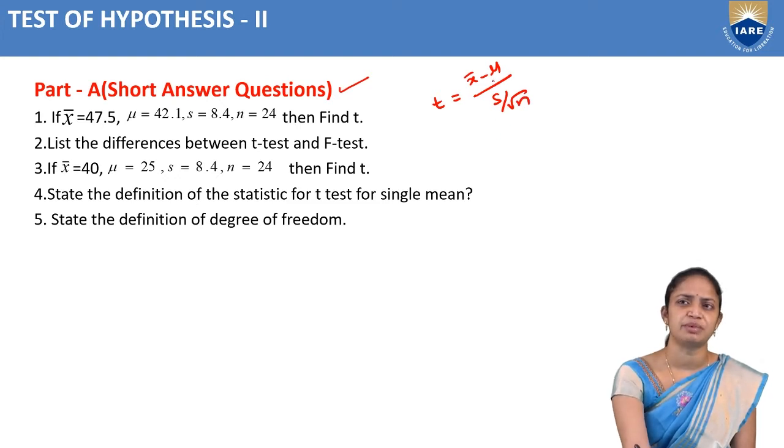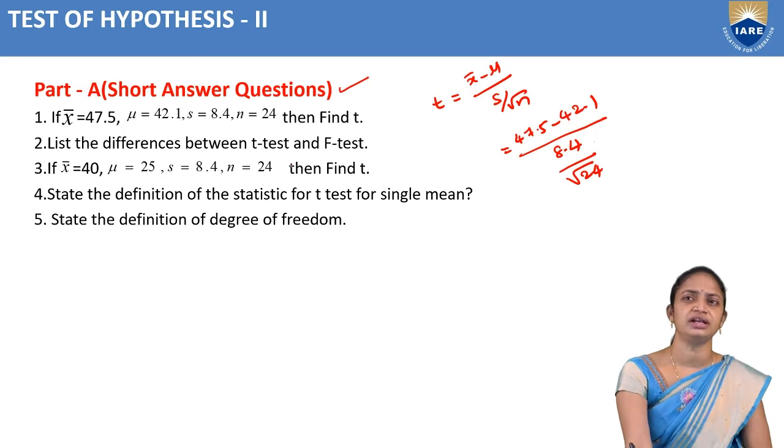The formula is t equal to x bar minus mu by s by root n, or we can use s by root n minus 1 also. Here x bar is 47.5, mu is 42.1, s is 8.4, and n is 24. By using this, we can find the t value.